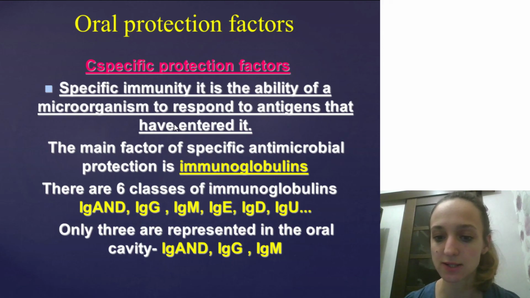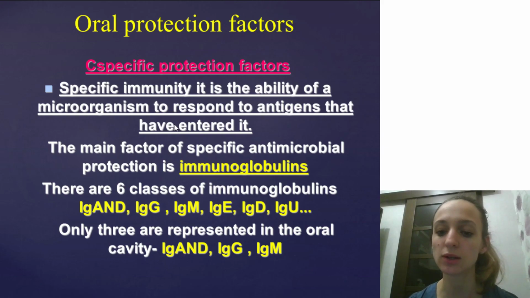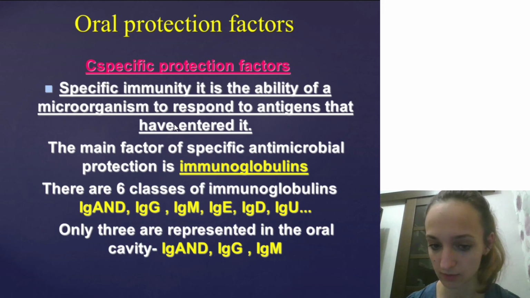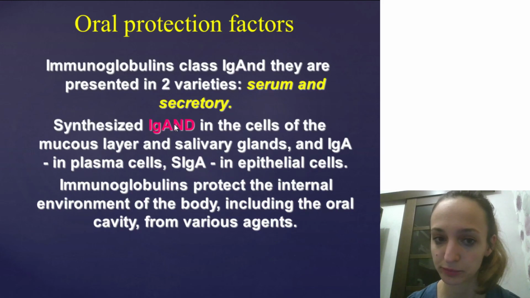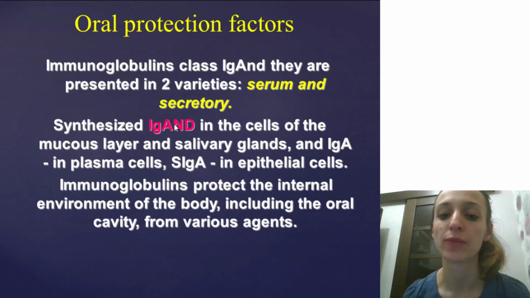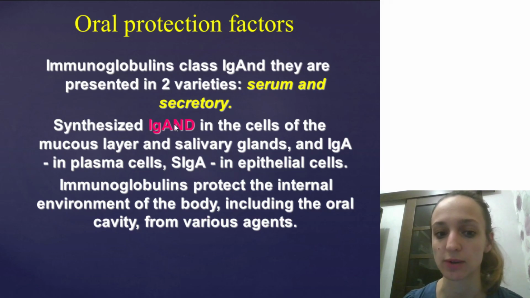There are 6 classes of immunoglobulins: A, G, M, E, D, and U. Only 3 are represented in the oral cavity, so it is A, G, and M. Immunoglobulins class A are presented in 2 varieties, serum and secretory.